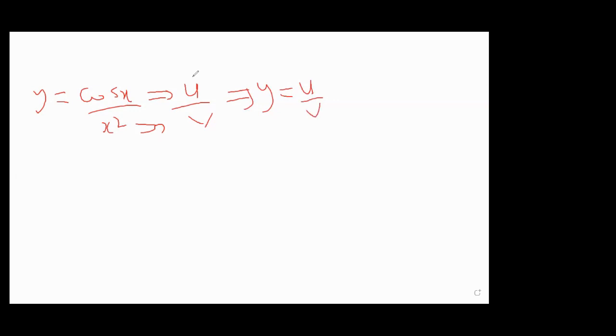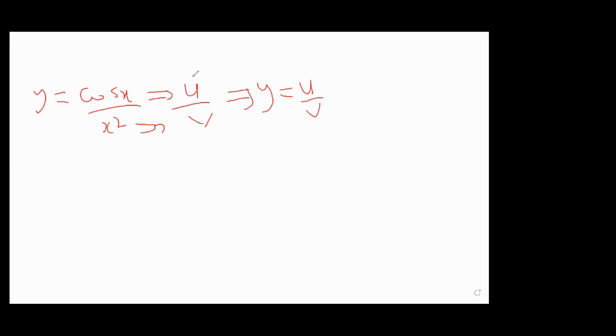If you have the function y is equal to cos x all over x squared, we say this is replaced by u, and this is replaced by v. Then we now have y is equal to u all over v.